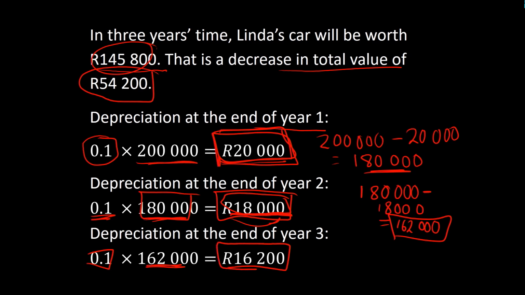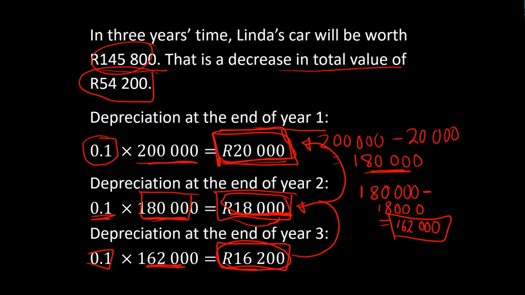So therefore, once again, you can see this reducing effect on the depreciation amount. This 16,200 Rand of depreciation is less than the previous year's depreciation of 18,000. And that 18,000 was less than the previous year's depreciation of 20,000.